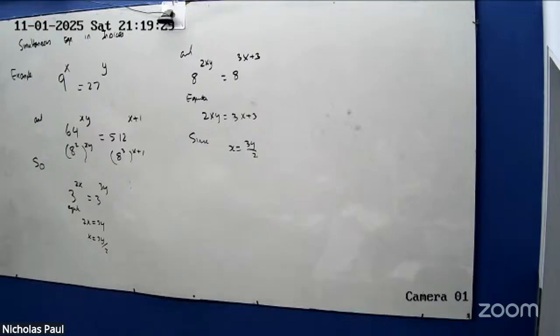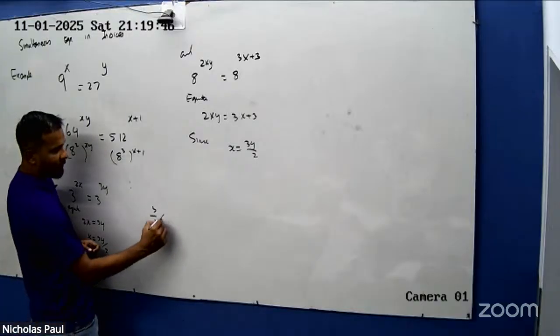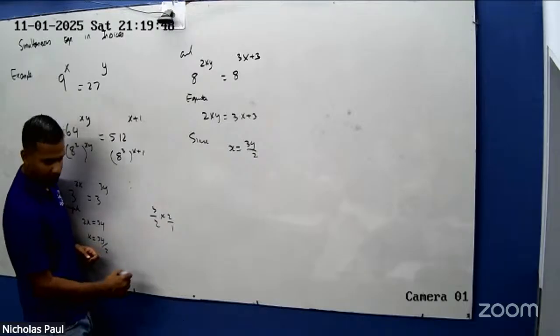By 2 already. So why have to 6 then? So what you're saying is this 3 over 2 by 2 is what? And this will cancel.